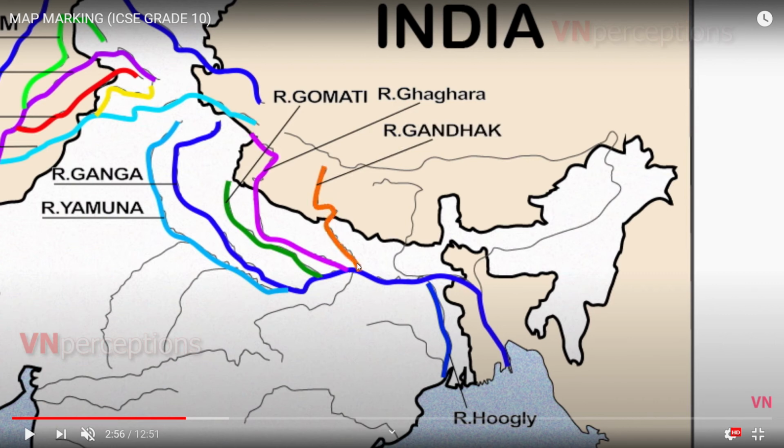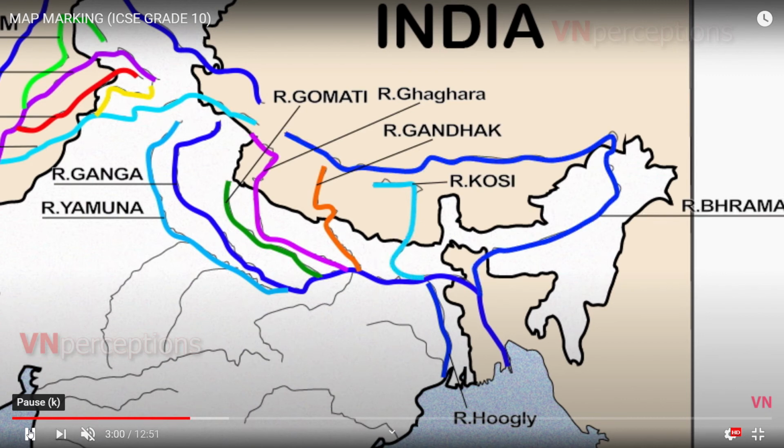This also meets River Ganga. And finally, River Kosi. River Kosi also rises from the hills of Nepal and then enters India. Kosi is known as the sorrow of Bengal, as it brings a lot of floods in this area, and also the sorrow of Bihar because this is in the Bihar area. You can remember it is parallel to Sikkim here.